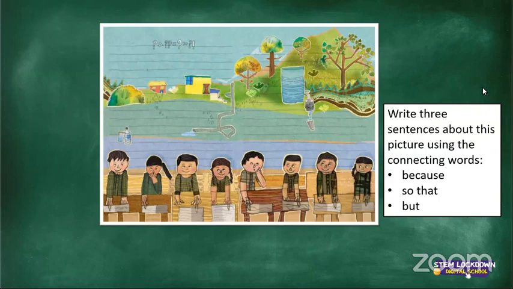So can you write 3 sentences about this picture using the connecting words because, so that, and but? And maybe with this one, we might ask 1 or 2 people to read their sentences.